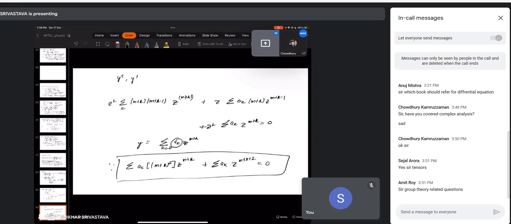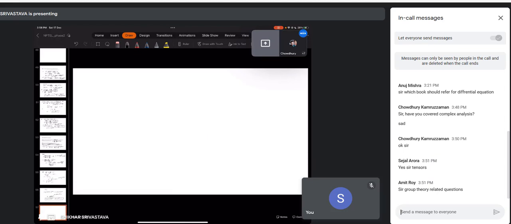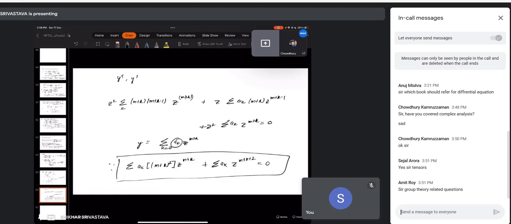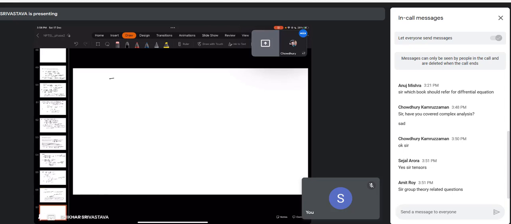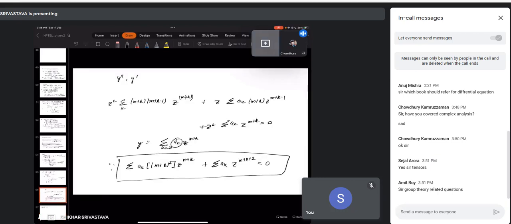Now what you will do is that the general way is to put k is equal to 0 and find the coefficient of z to the power m. So the coefficient of z to the power m is found by putting k is equal to 0. So when you put k is equal to 0, you will get what?